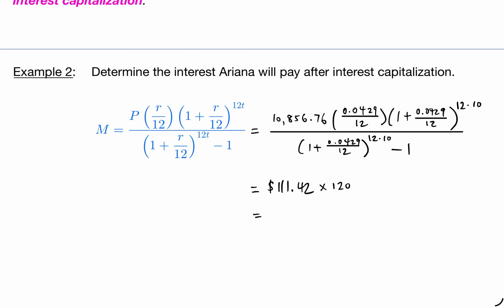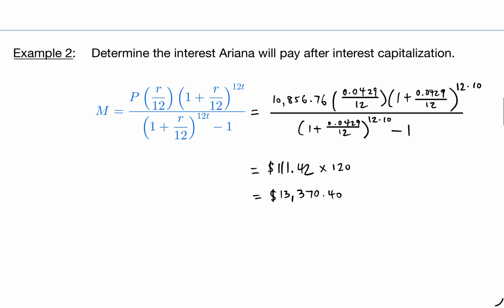And that works out to $13,370.40. Okay, so to determine the interest that she's going to be paying, we have to subtract out the original principal amount, which is $9,100, and punching that into the calculator, we would get $4,270.40.